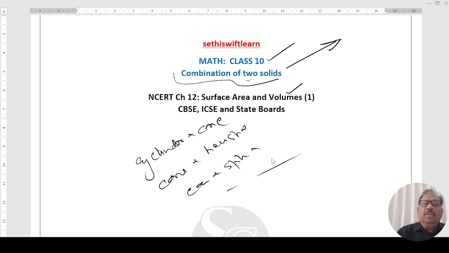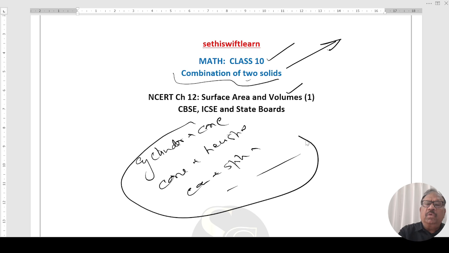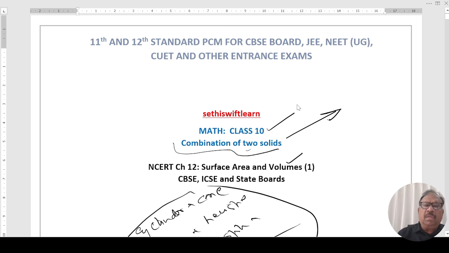Concepts are going to be cleared through illustrations. As the topics are very important for CBSE board, ICSE and state board, it is requested to go through the session completely. Now let's start with the question and concepts.